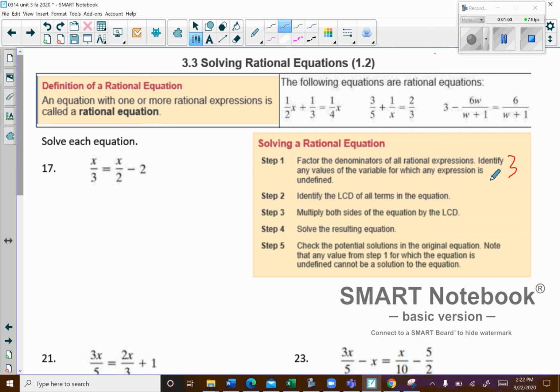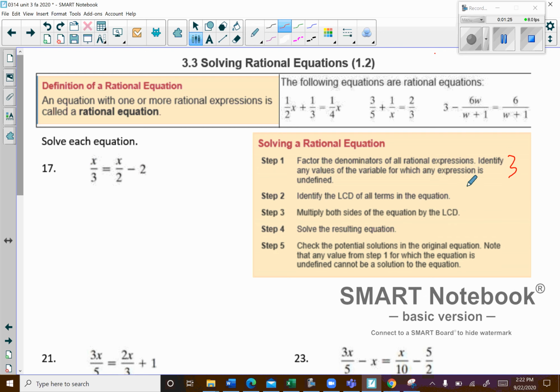We'll run into those a little bit more towards the end of the lesson. But that's why it's so important to check those undefined values and make sure you're aware of which ones they are, so that we don't make that mistake.